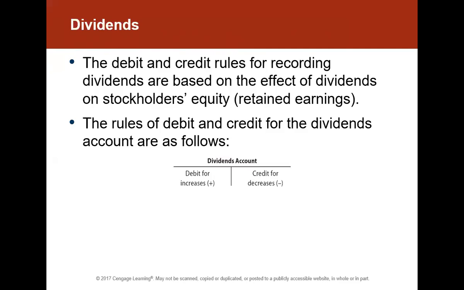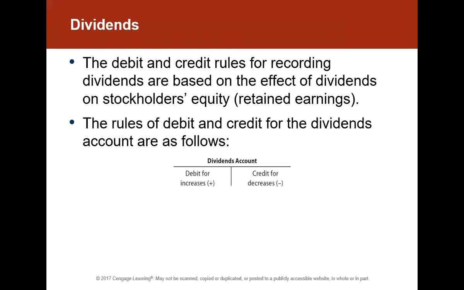Liabilities are on the right-hand side of the equation. They increase on the right or credit side. Stockholders' equity overall increases on the credit side. Okay, so that's a basic equation.